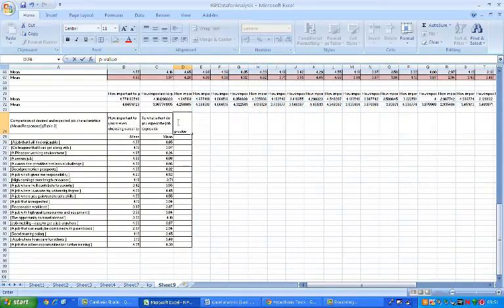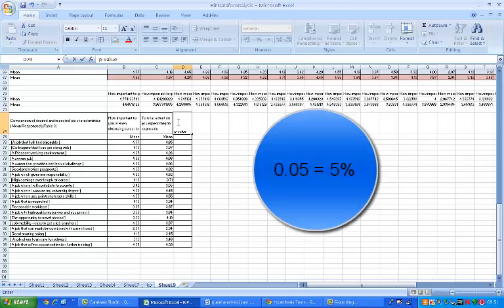We also need to set the value of significance. In other words, how willing are you prepared to be wrong? So if we choose a value of 0.05, that's equivalent to a percentage of 5. If you're unsure about percentages, ask your lecturer.